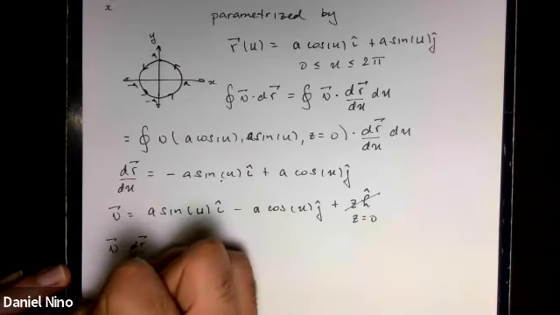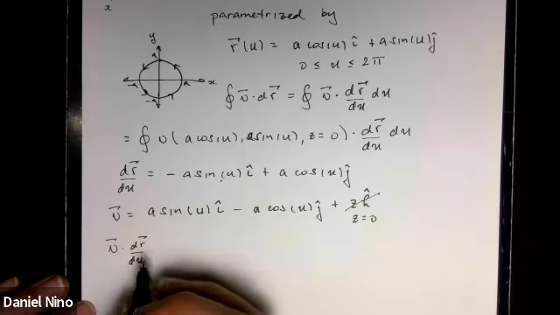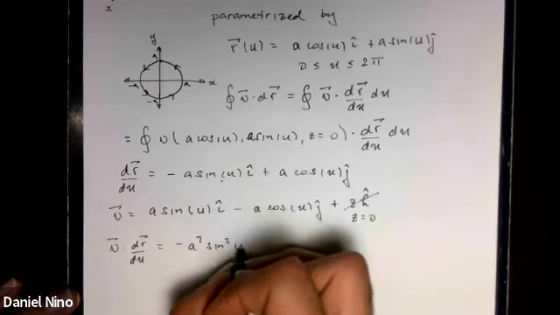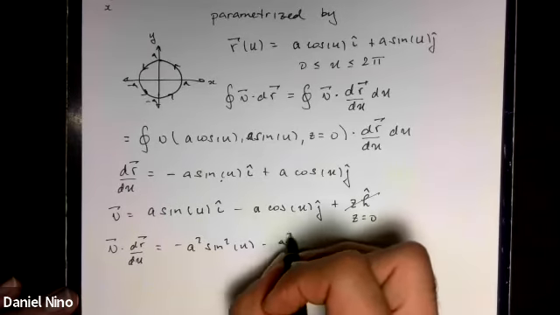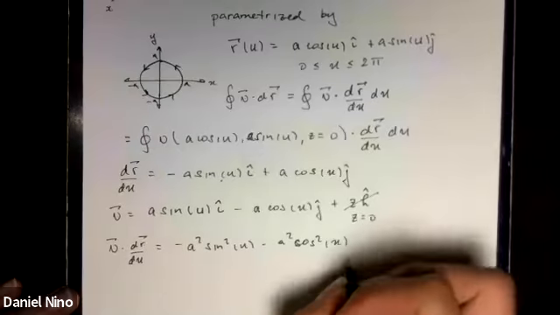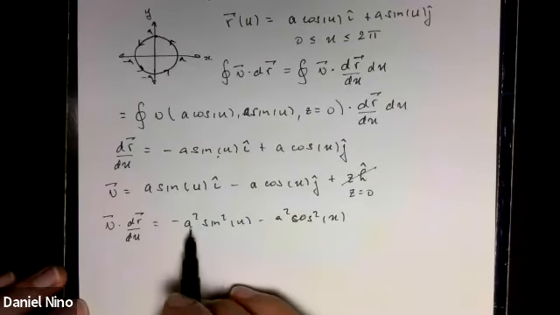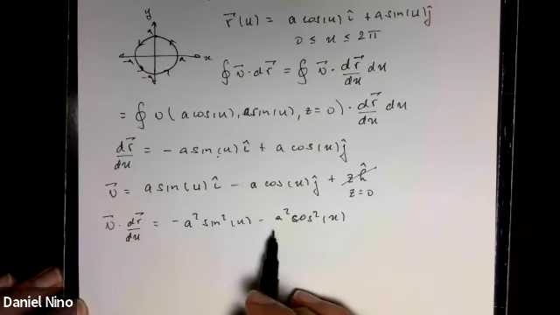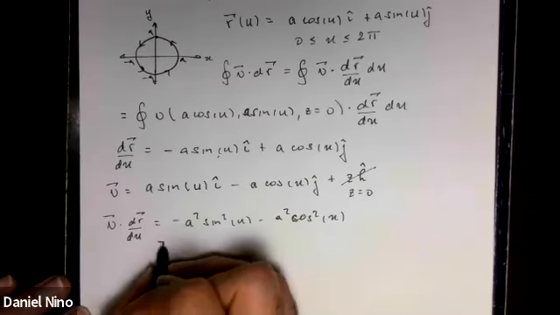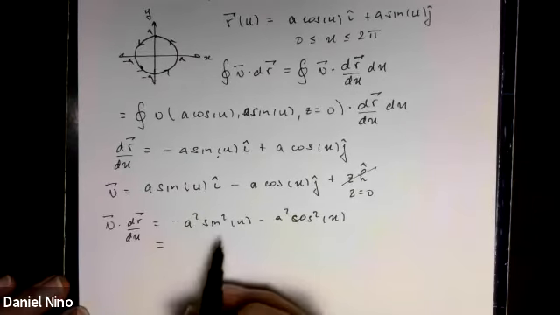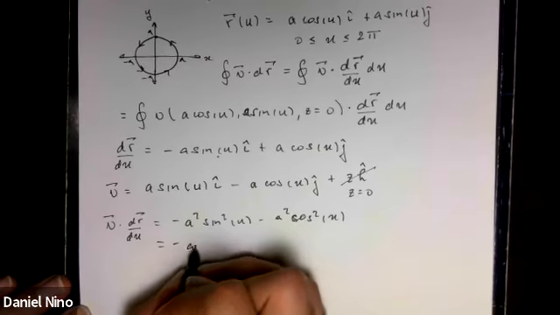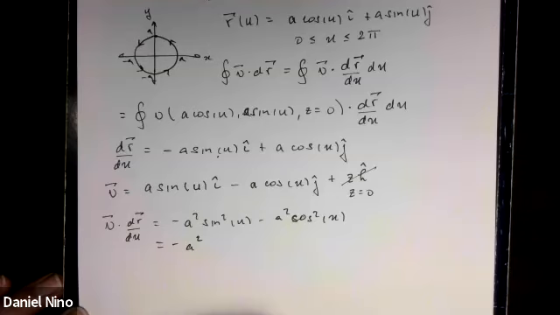And then taking the dot product of our vector field with this quantity, we get minus a squared sine squared u minus a squared cosine squared u. And if you factor out a minus a squared, then you can use the identity sine squared plus cosine squared is equal to 1. This is just equal to minus a squared.